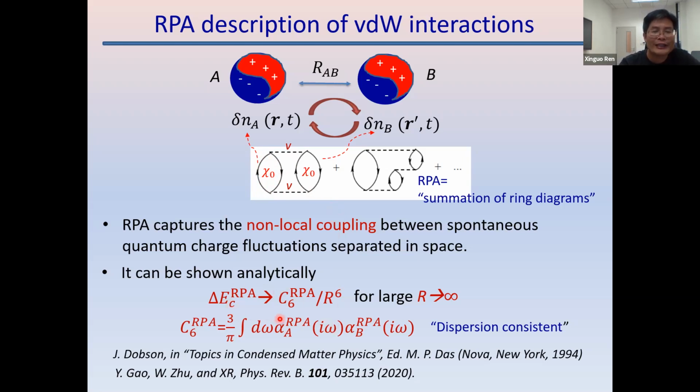And finally, one can show that the interaction energy between two charge neutral systems is given by C6 over R^6 at a large distance. This coefficient is given by an integration over the RPA polarizability of the monomers. This property is called dispersion consistent.